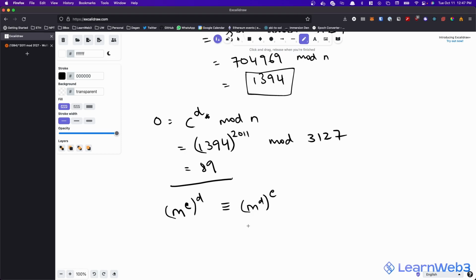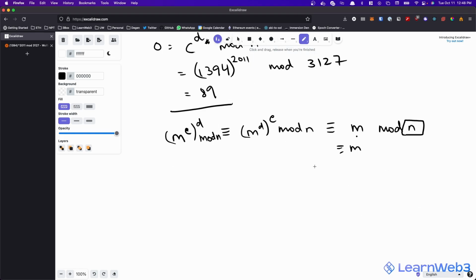And these two values, when done with modulus exponentiation mod n, are actually congruent to m mod n directly. And since n is a really large number, because n is the multiple of p and q, which are both really large numbers, it's just congruent to m itself, as m needs to be less than n.